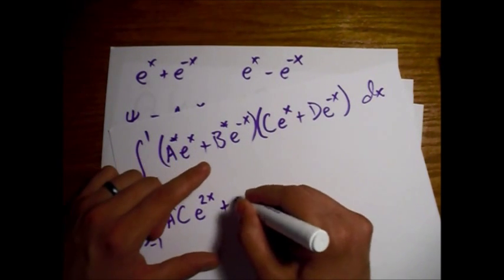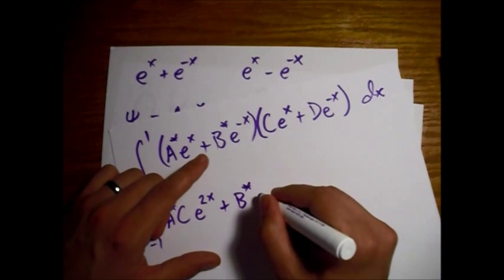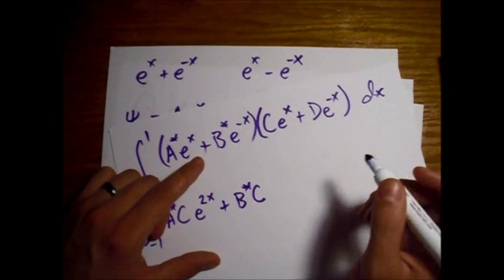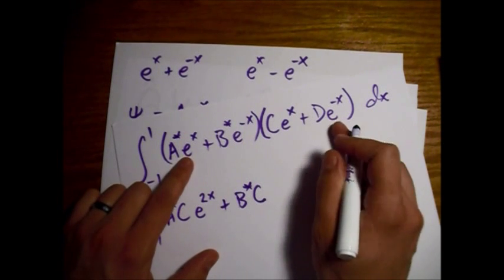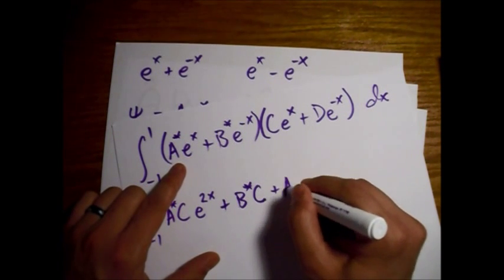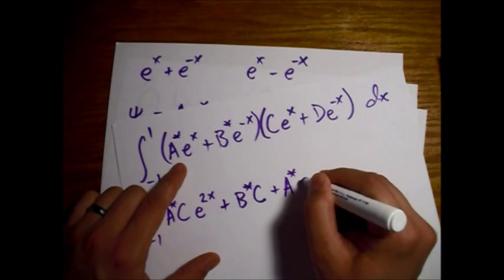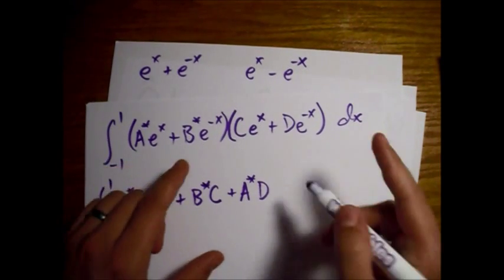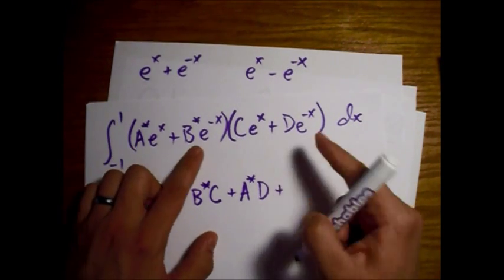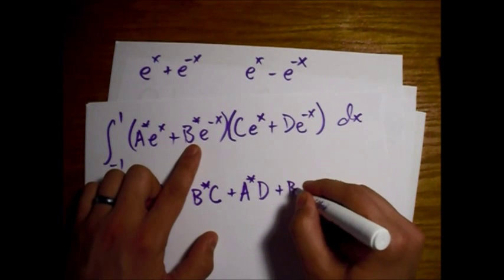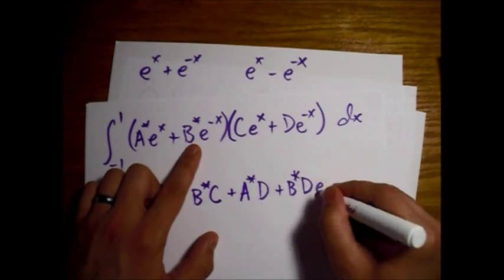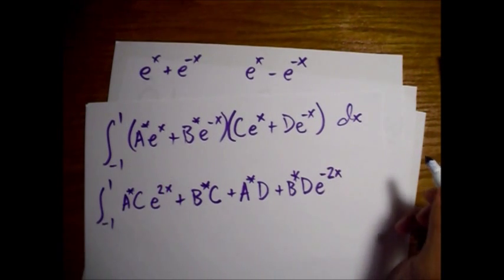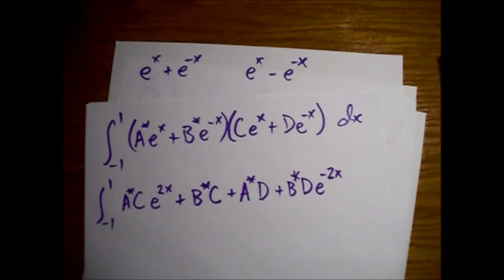So we just have a B star C. And then this product, same thing, the e's will divide out. We have an A star D. And then we have this final one, which is a B star D e to the minus 2x.